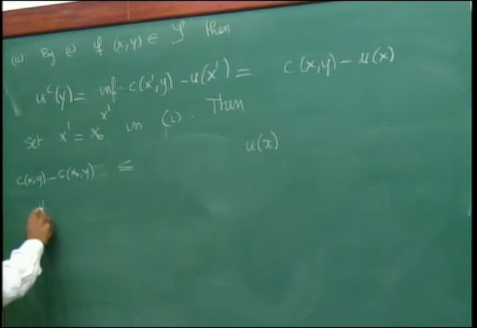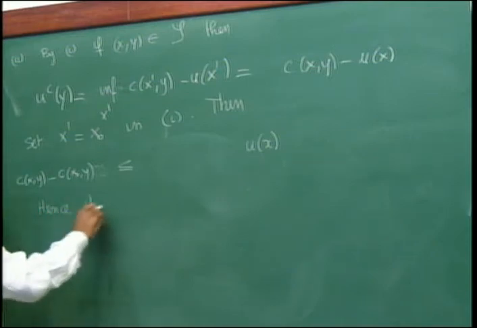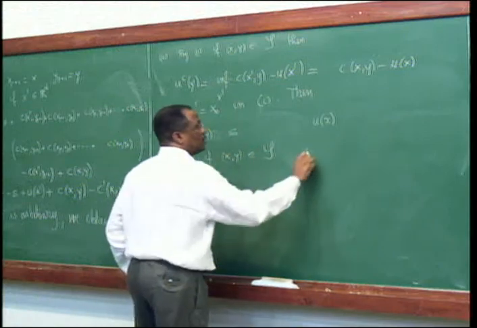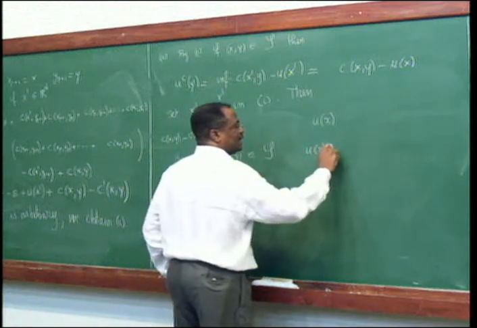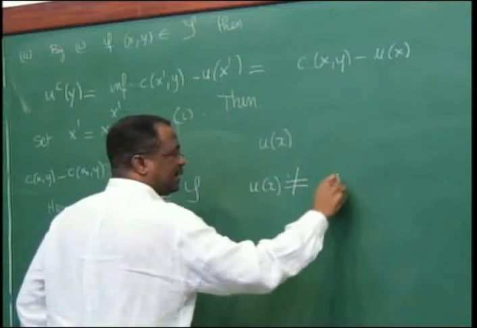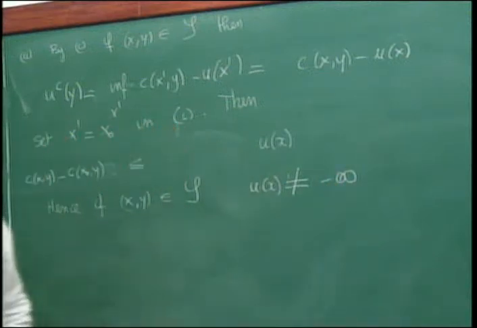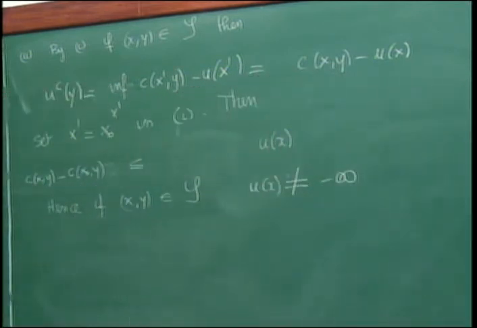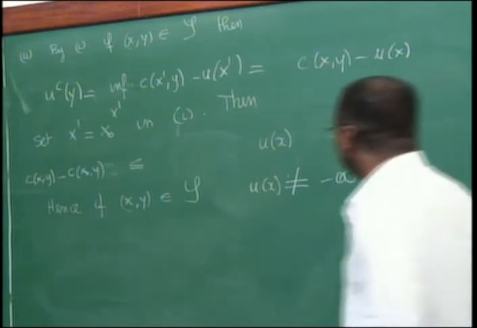Hence, if (X, Y) belong to S, U of X is not negative infinity. And clearly, U of S is an infimum. It cannot be plus infinity. The set on which I am minimizing is non-empty. So I just take anything here. It is going to give an upper bound.